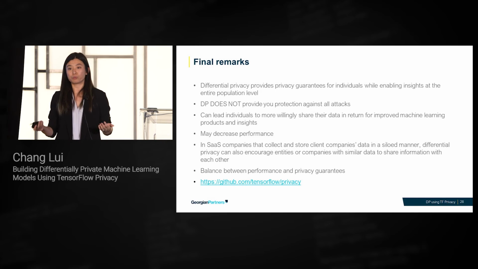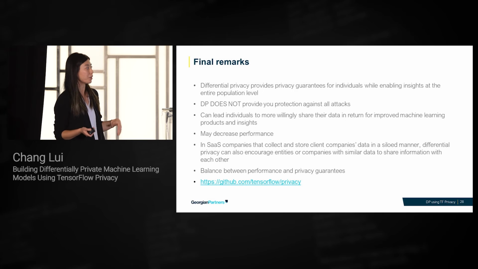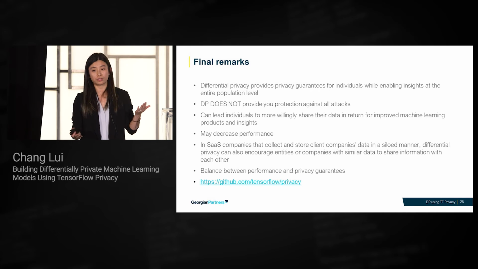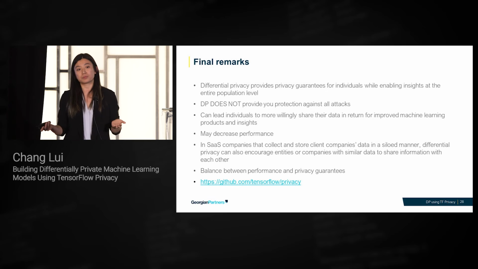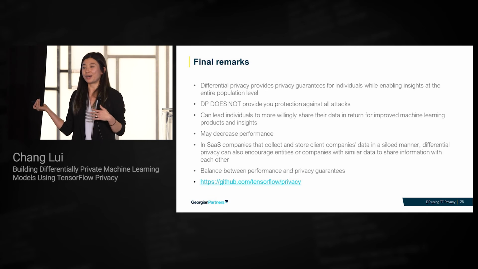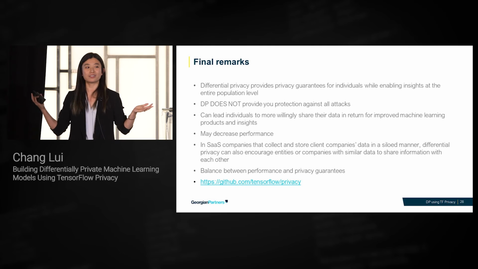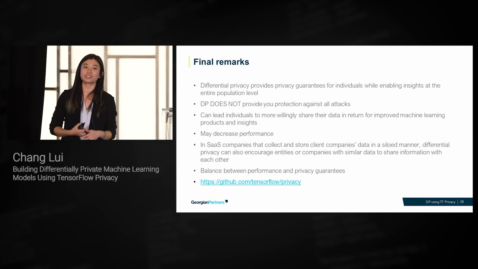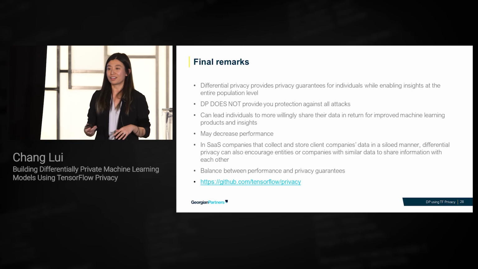And the one important thing to really understand for differential privacy is that you need to really balance between performance and privacy. And finally, just check out this TensorFlow Privacy library. It's available out there. Just clone it to your repository, play around with it, and start building differential privacy models.